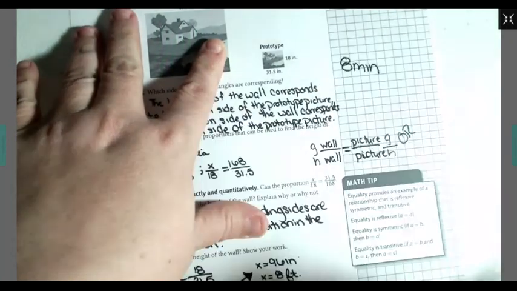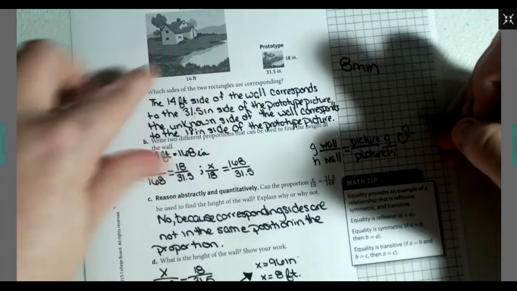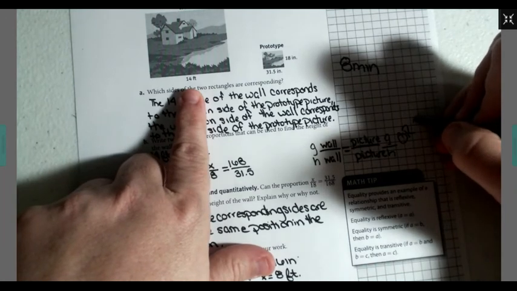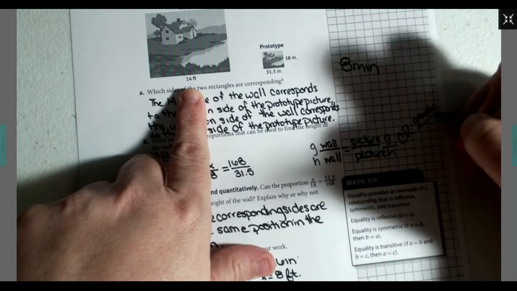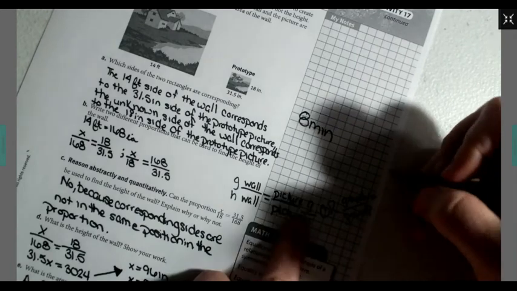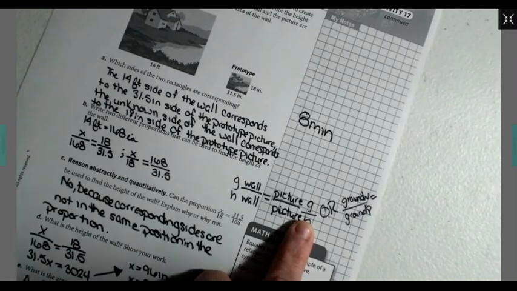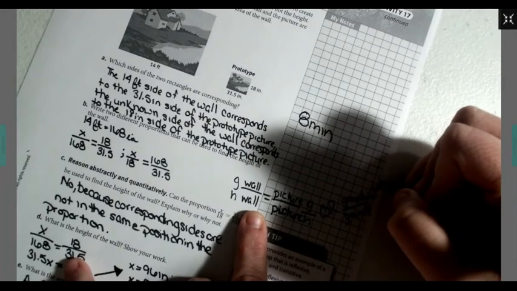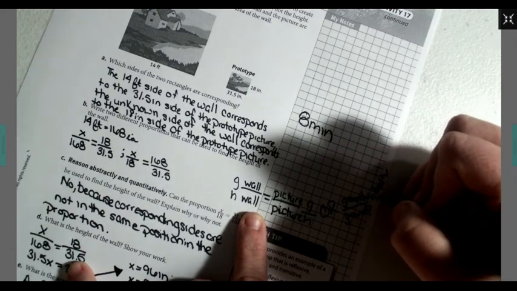Or we could do ground of the wall over ground of the picture equal to height of the wall over height of the picture.